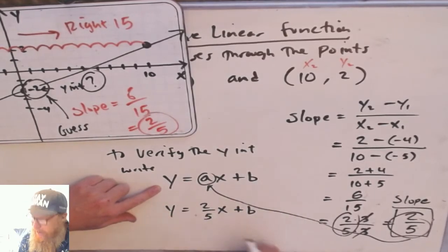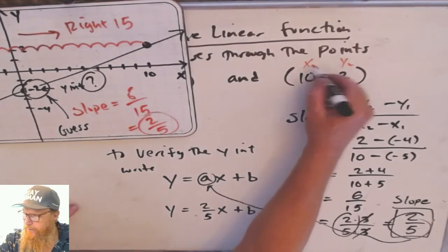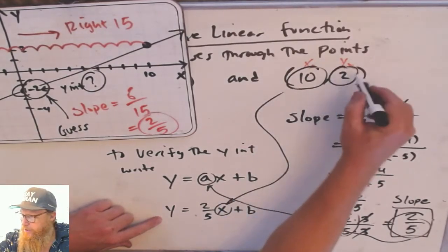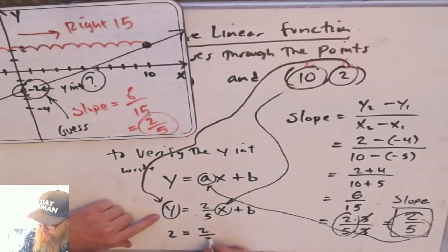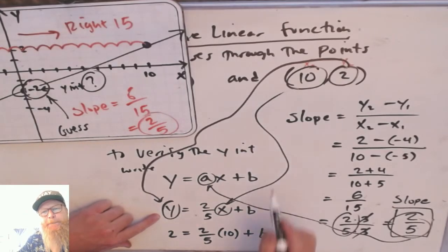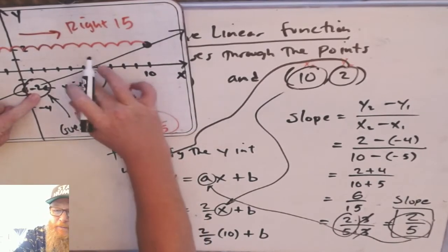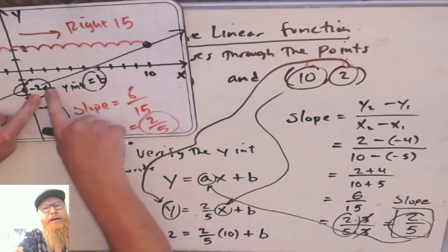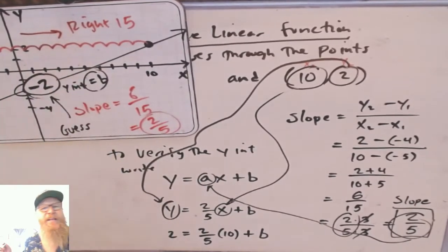And just verify that if I plug in one of the given points, plug in 10 for x, and plug in 2 for y, I'm just verifying that b comes out to be negative 2. Yeah, that's b. Y-intercept b. I know my writing is getting really sloppy. There's negative 2. That's what I think it is.